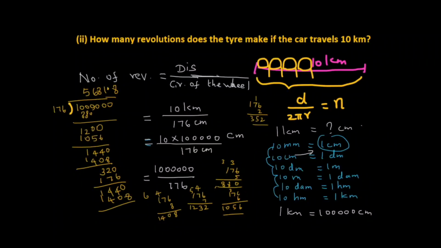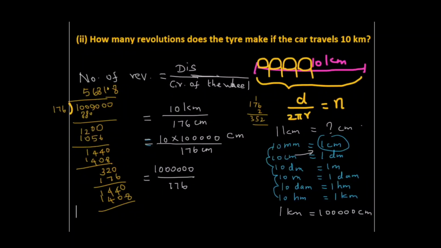So when we divide this, here the division gives 5681.8.